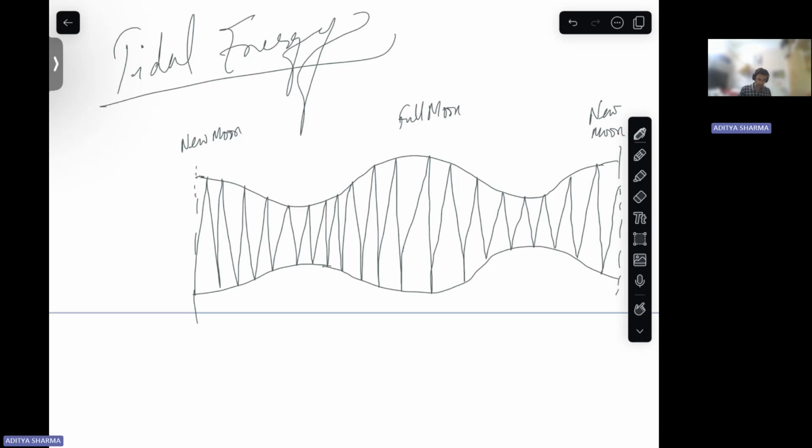So now what happens is, these consecutive two peaks, if you see, right? This basically is 12 hours 25 minutes of distance. Why?